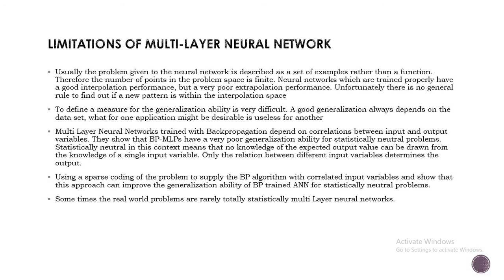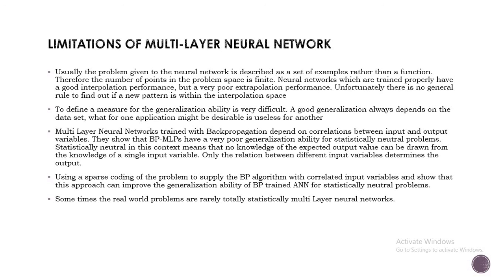A good generalization always depends on the data set, and what is desirable for one application might be useless for another. Multi-layer neural networks trained with backpropagation depend on the correlation between input and output variables. They show that backpropagation multi-layer perceptrons have very poor generalization ability for statistically neutral problems.